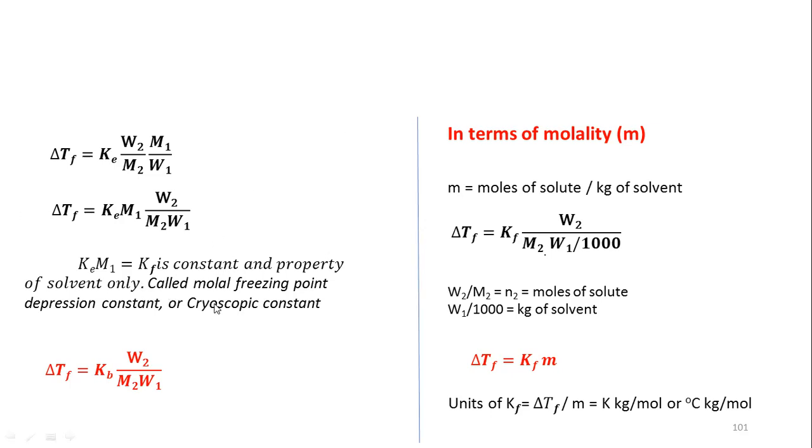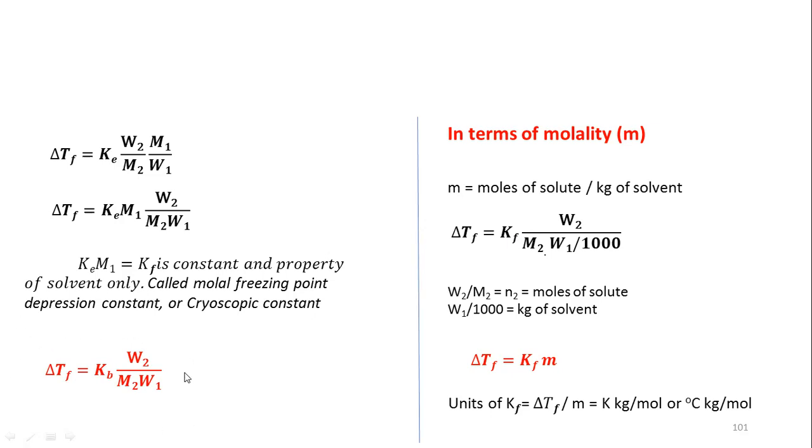And here Kf is called the molar freezing point depression constant, or simply you can say the cryoscopic constant. Now replacing the KeM1 with the Kf, sorry, this is mistakenly written over here. This is the Kf because the derivation is the same. So this is just a misprint, and this Kf is rightly written over here.